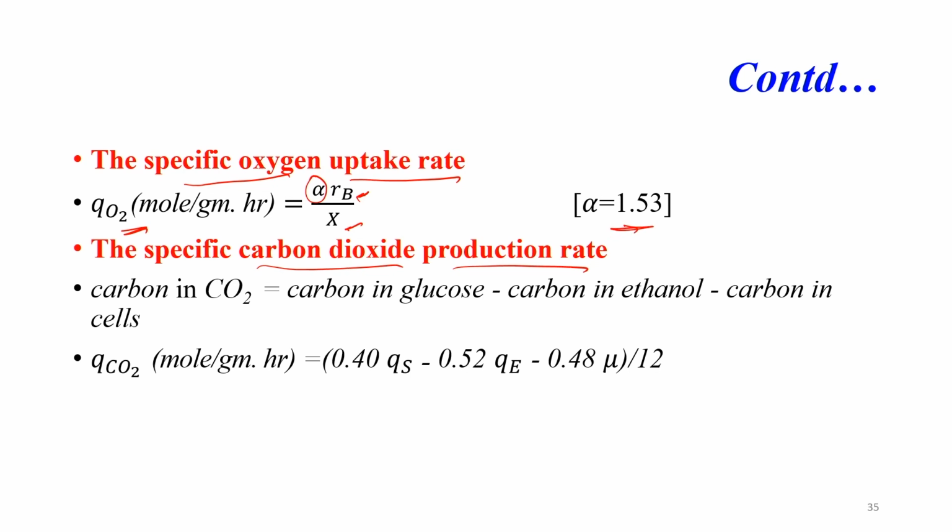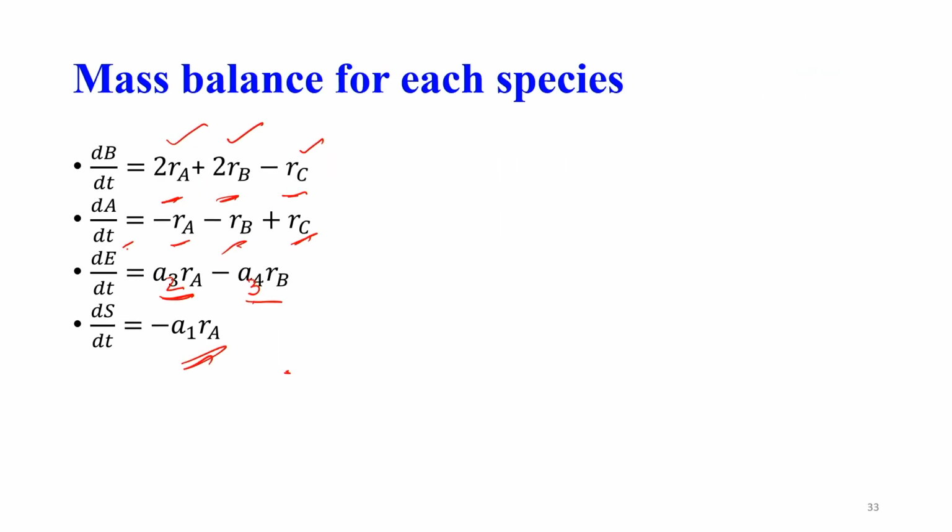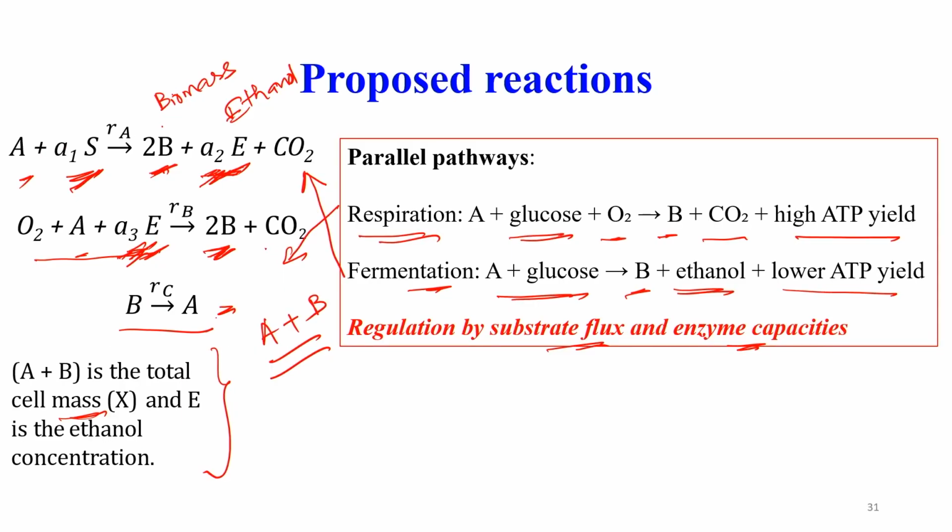Let us say, if you want to see how many moles of carbon dioxide, let us see reaction 2 here. Then what will be the alpha here? In the respiration, complete oxidation of ethanol to carbon dioxide and water requires C2H5OH.